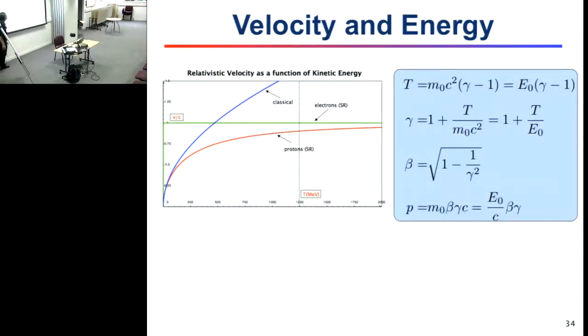I like this one. This diagram here is particularly useful if you're doing acceleration and you're working at the TeV scale. Here's my TeVs, and this is my Newtonian velocity. So this is what I would observe in my lab frame, the speed at which it's moving.